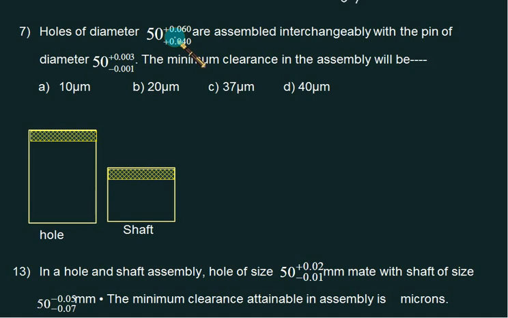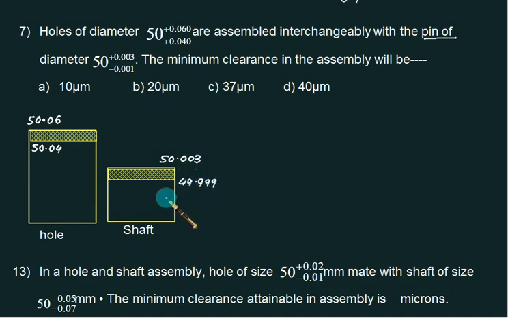We are given a hole of 50 plus 0.06 and plus 0.04 assembled with a pin of 50 plus 0.003 minus 0.001. You have to find out minimum clearance. So hole is larger than shaft. So your maximum diameter of hole is 50.06. Minimum diameter is 50.04. For shaft, the maximum diameter is 50.003 and minimum diameter is 49.999.